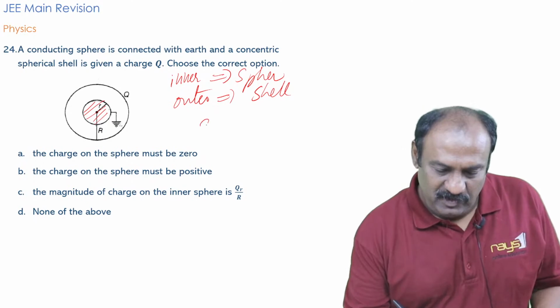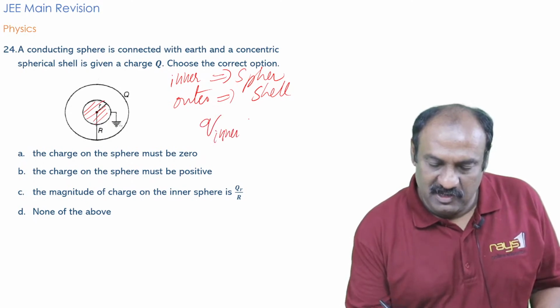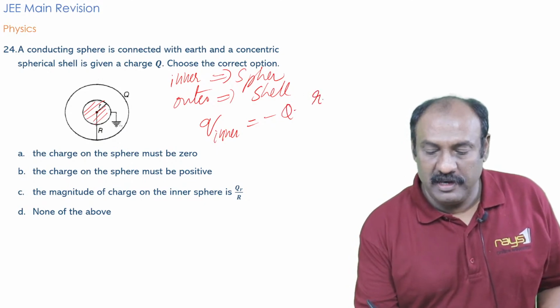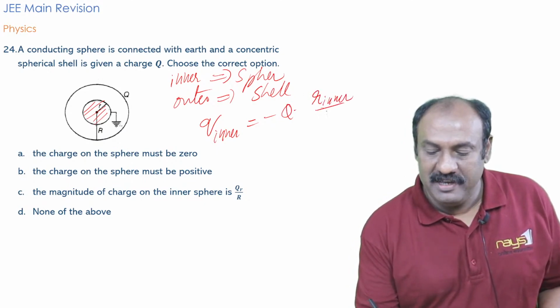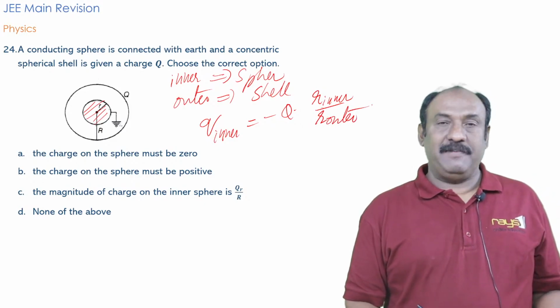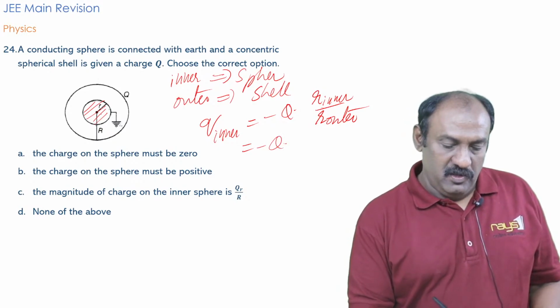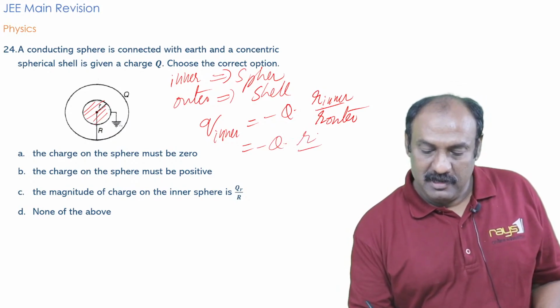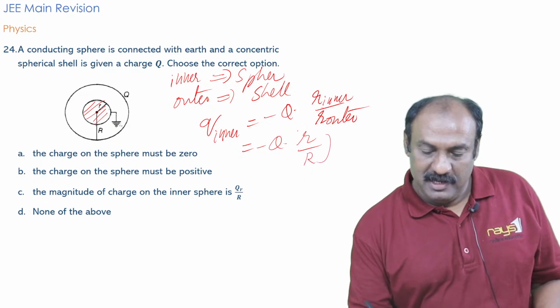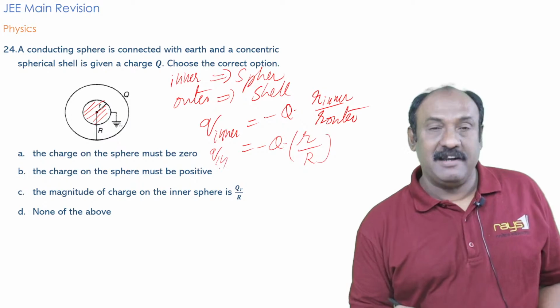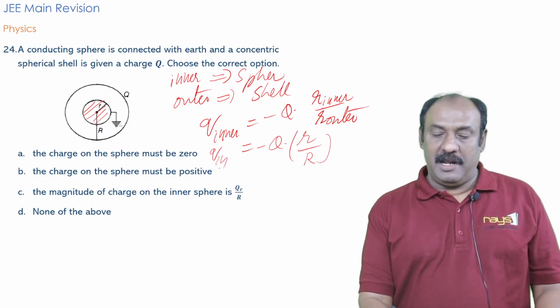Charge on the innermost shell is equal to minus charge given to the outer shell into radius of the innermost shell by radius of the outer shell. So that equals minus q into small r by capital R, if the inner shell is earthed. Therefore, charge present on the inner sphere is minus q into r by capital R.